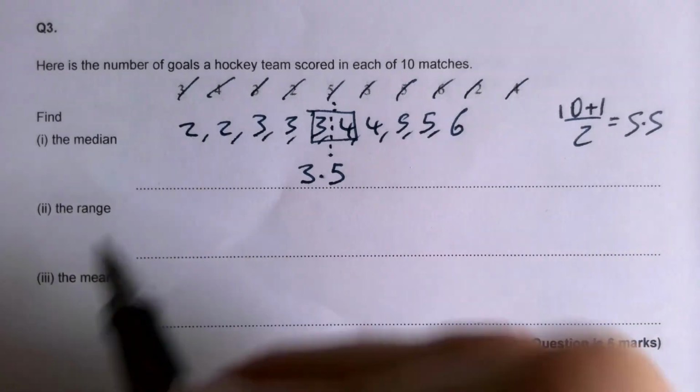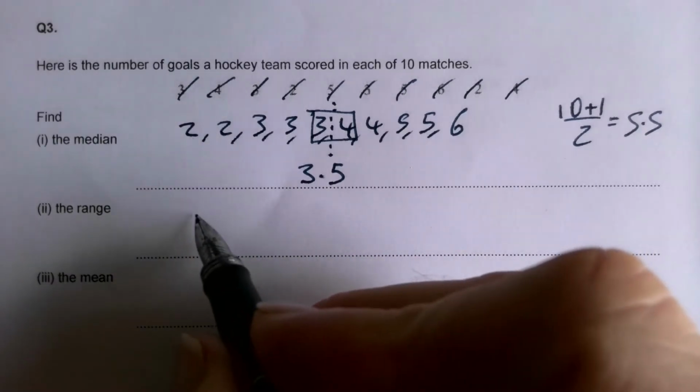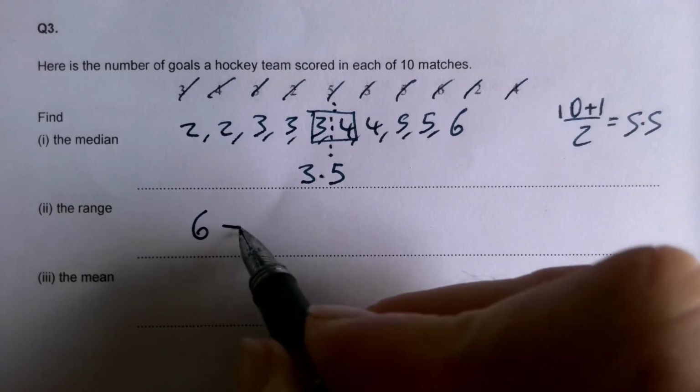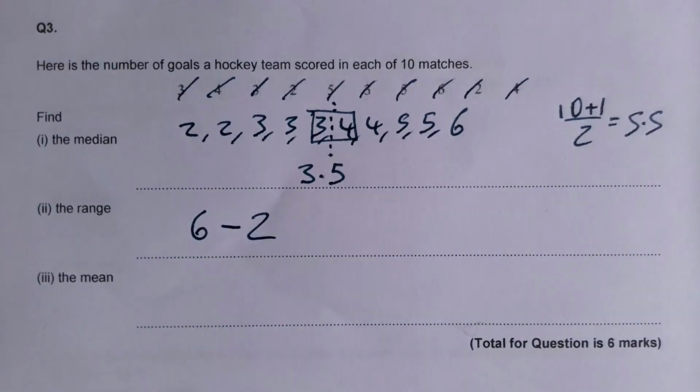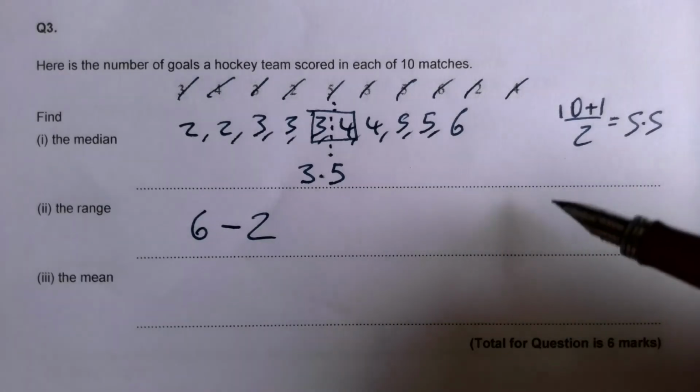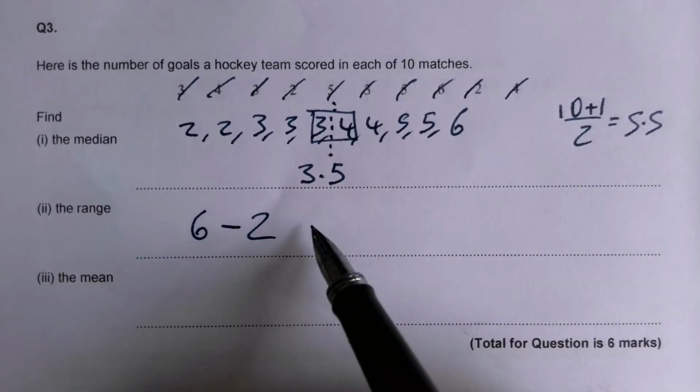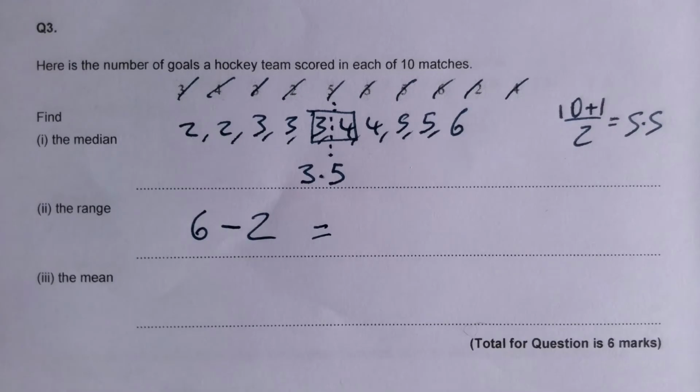Right, anyway, so the range is how much the numbers vary, so it's biggest take the smallest. If you just did that, you do not get all the marks for that, but you can give yourself 2 marks for each one. So if you've written 6 take 2 or 6 minus 2 or something like that, you get 1 mark. If you've got 4, that's 2 marks.